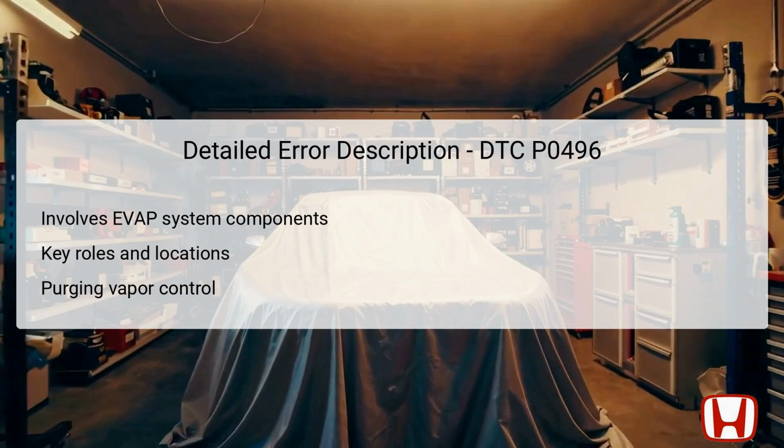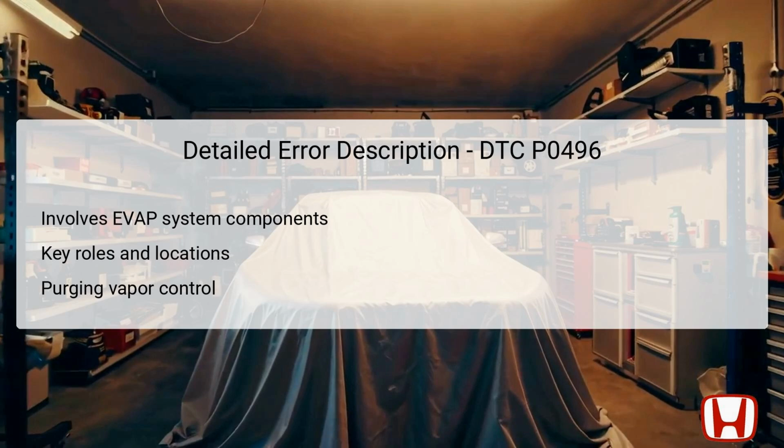The EVAP canister vent shut valve, located at the top of the canister, prevents the entry of outside air from disrupting the system. The fuel tank pressure (FTP) sensor monitors the pressure within the fuel tank and sends this information to the powertrain control module (PCM).